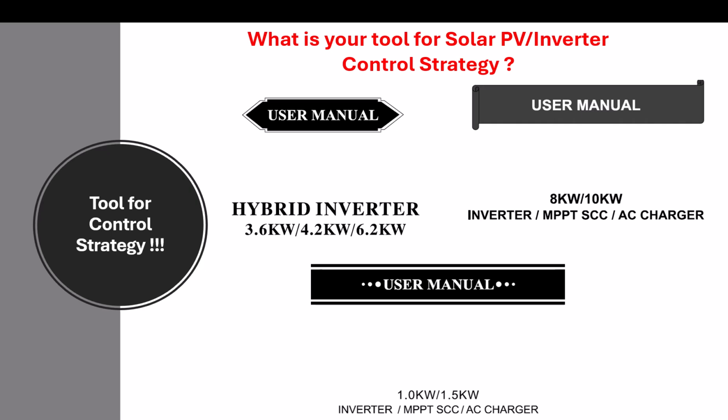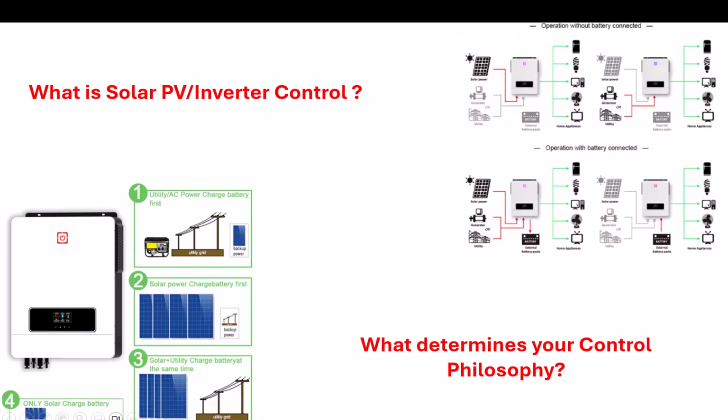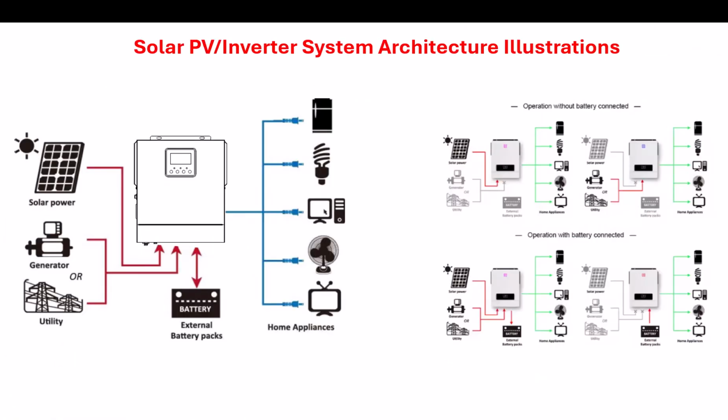But the guide to build your control strategy also emanates from the system's requirements. What does the customer want to achieve? What do they want? For example, if we go back to the system architecture, do they want just to power the loads from solar or from utility?